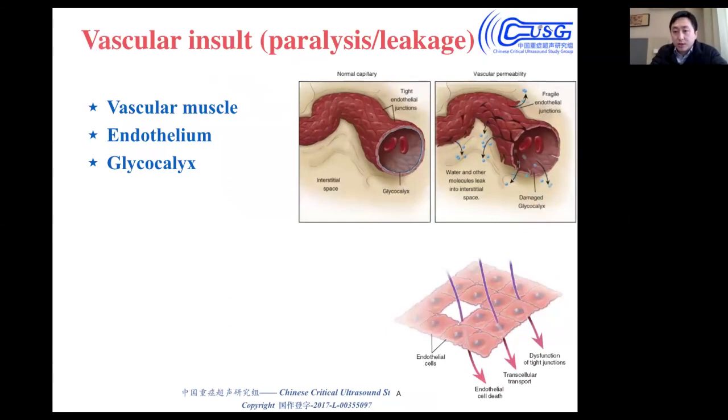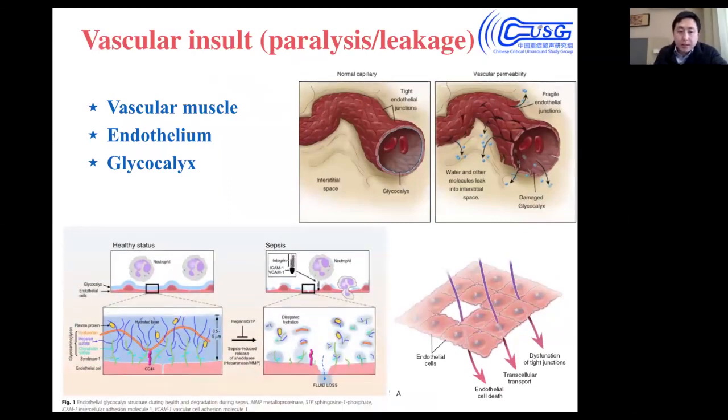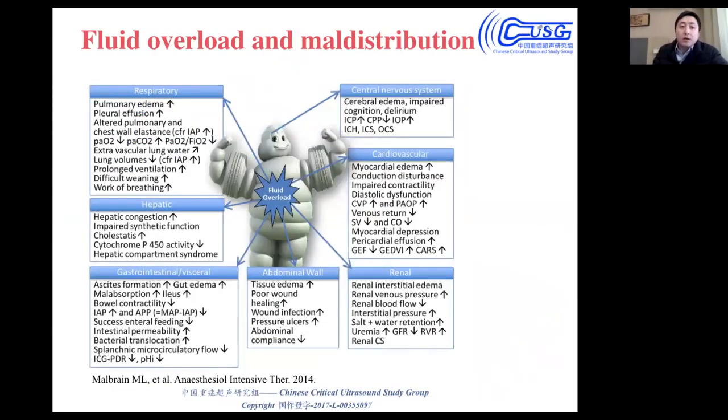This picture shows you the endothelium and glycocalyx and how leakage happens. If diseases produce inflammation, leakage happens and fluid overload could be seen in severe patients.